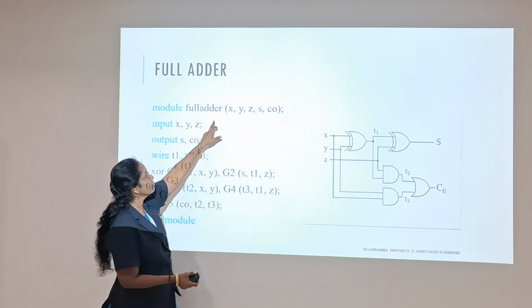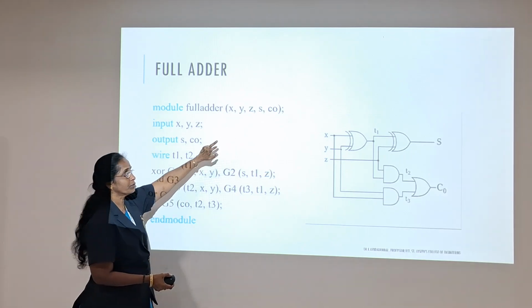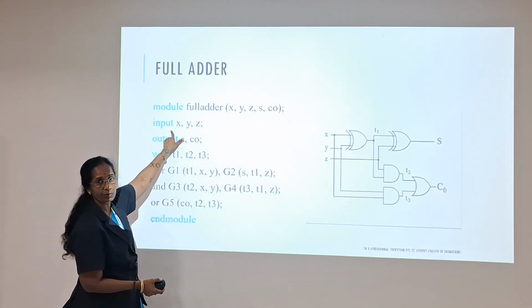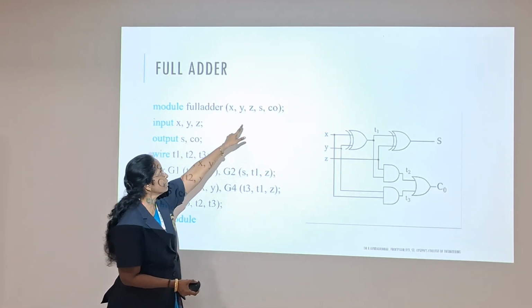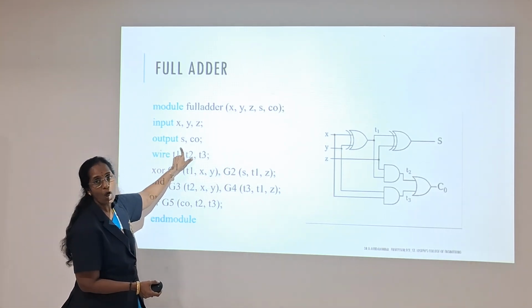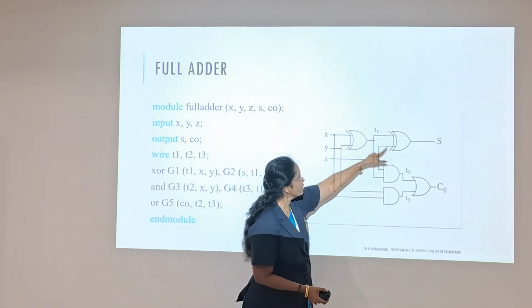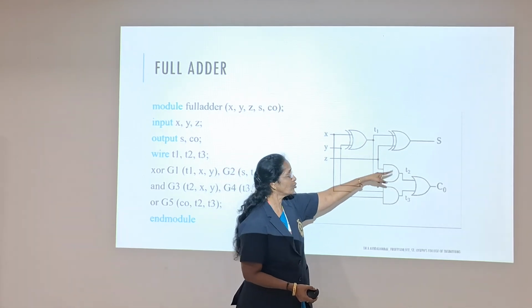From this, what are the inputs? X, Y, Z are the inputs, which is referred to by the keyword input. And then sum and carry, S and C not, are my outputs. That is described by the keyword output. But when you observe the circuit, we have 3 intermediate results, T1, T2 and T3.